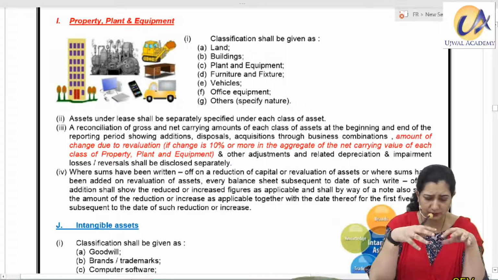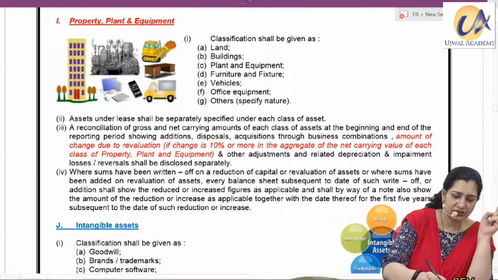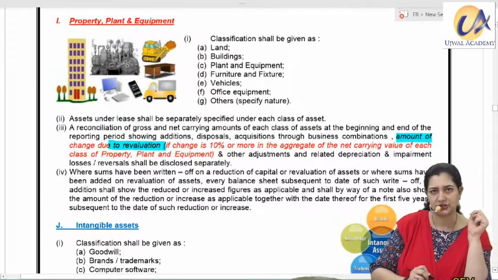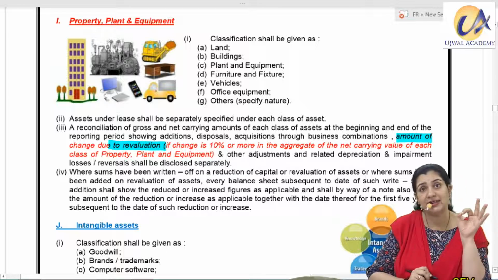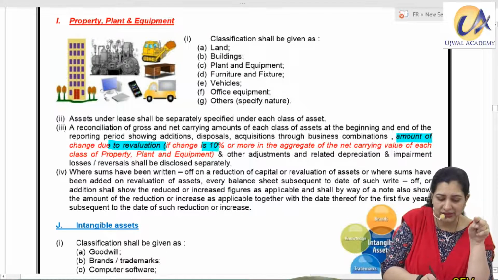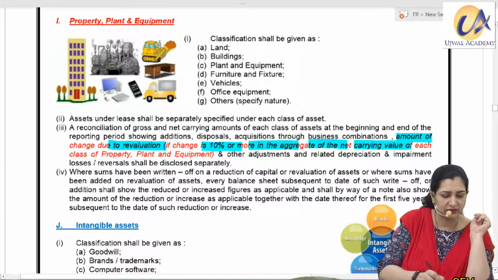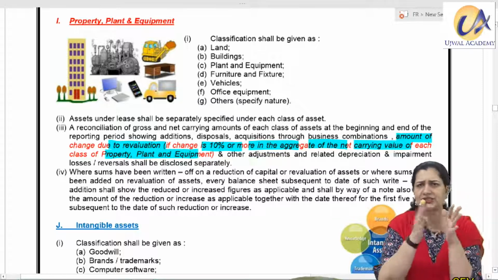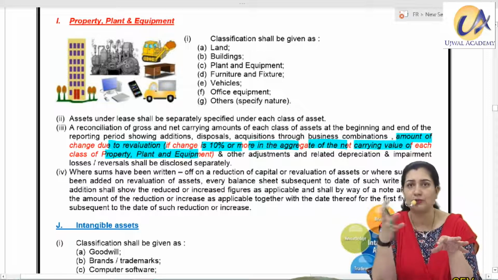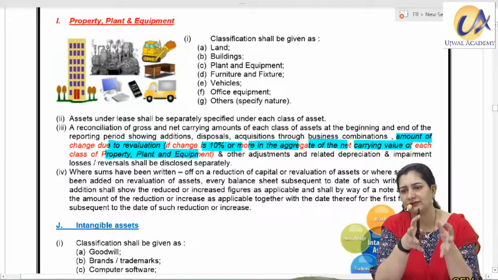This is what we do. Along with that, now additionally I have to give any amount of change due to revaluation. If any revaluation has occurred in the PP, and that revaluation is 10% or more in aggregate of the value of the PP of each class. So suppose in land there is a revaluation which is 10% or more, then we will have to give that separately.